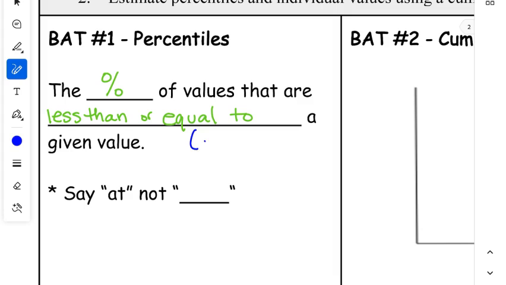In our Edpuzzle, we put at or below. That's what percentile is, at or below, but another way of writing it is less than or equal to. You want to make sure you say at and not in, because at describes the location within a distribution.